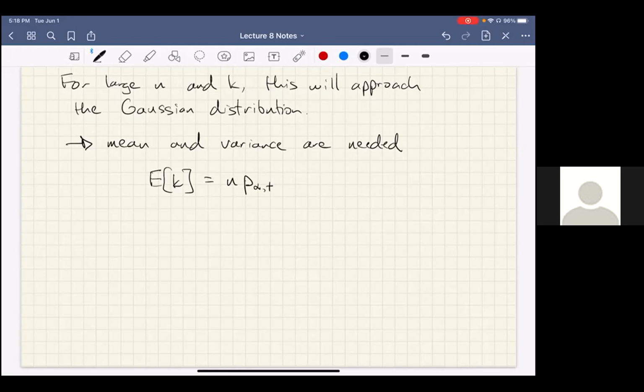By a similar argument, because they are all independent, actually this property, they don't need to be independent. If they are independent, then by a similar argument, the variance of k is equal to n p alpha t times 1 minus p alpha t.